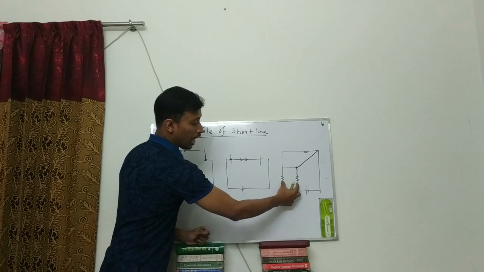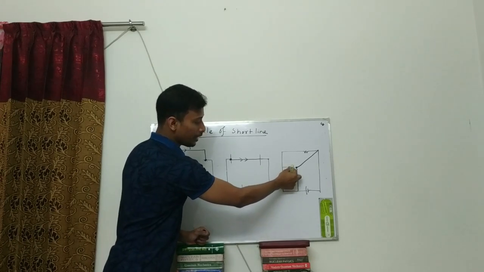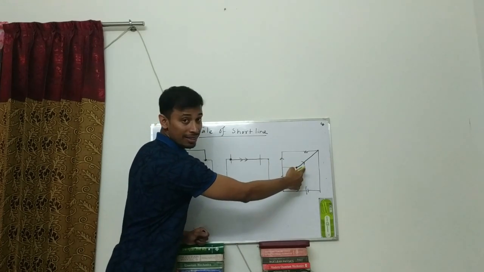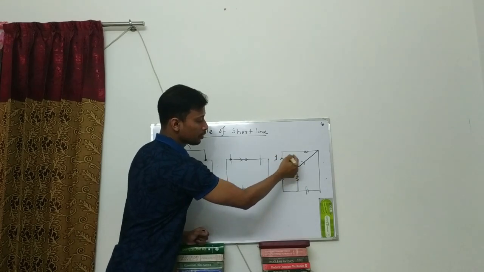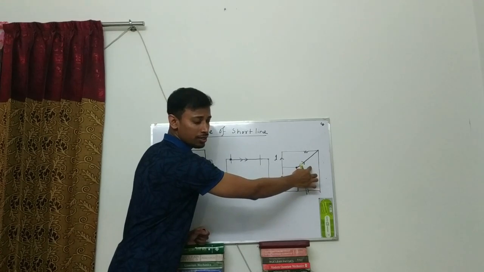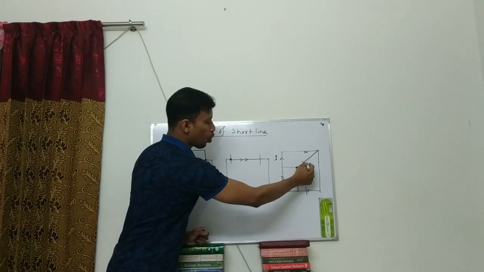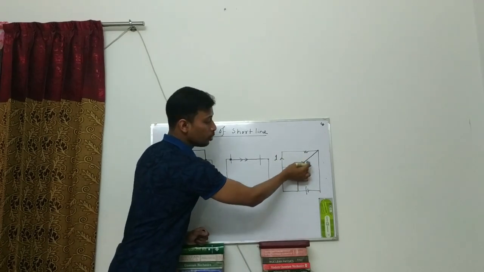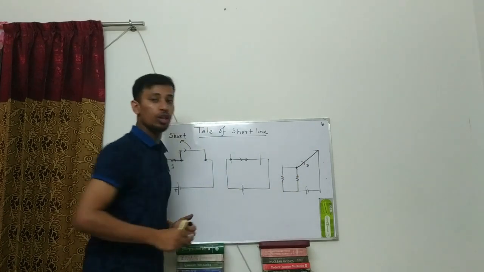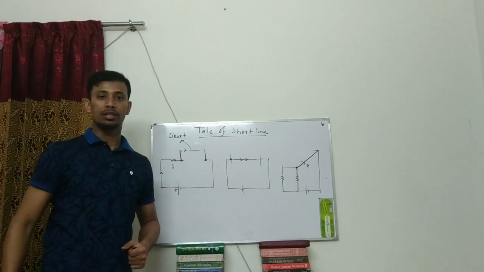When current moves through these two parallel lines and reaches here, there are two lines. The first line includes a resistance and the second line doesn't include any resistance. So all current will move through the second line. The first line will not work and the circuit will look like this.